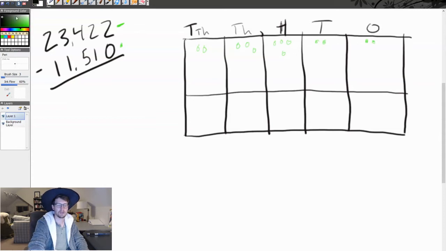And from that, we want to take away 0 ones, 1 ten, 5 hundreds, 1,000, and 1 10,000. Let's see if we can do that. In the ones here, we don't have to mark off anything because we're taking away 0. And 2 take away 0 is just 2.